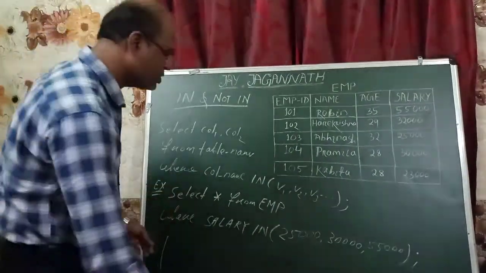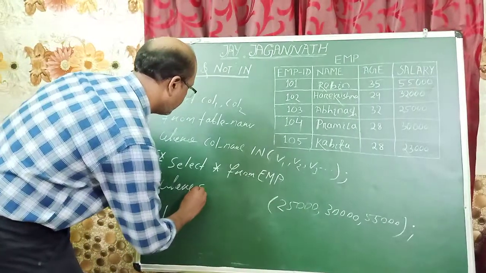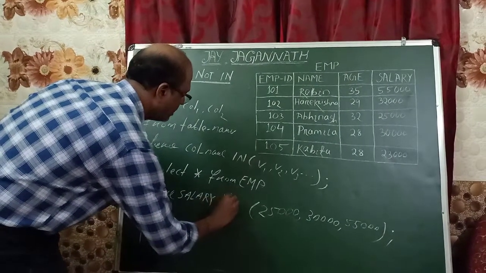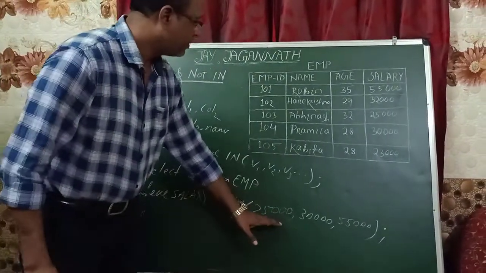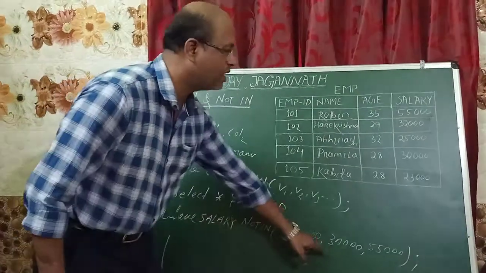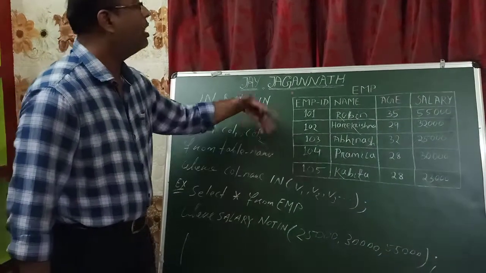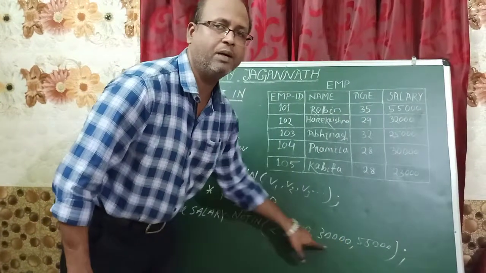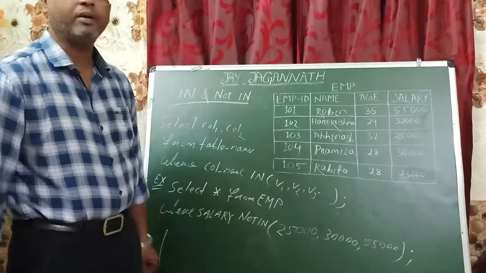But if you use the NOT IN operator, suppose you use here salary not in. It means that this query will display the results excluding these values. It means this query displays the results, or retrieves the rows, whose value does not match the list of values mentioned inside the NOT IN keyword.